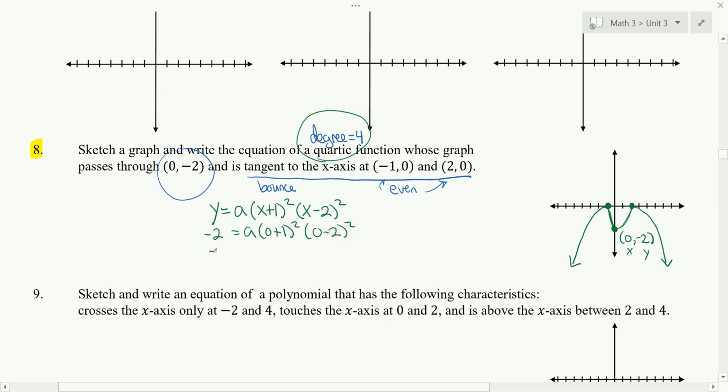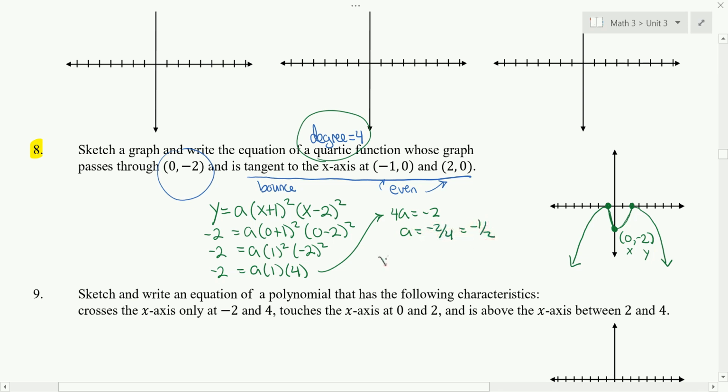And so here we get -2 is a times 1 squared times -2 squared, or -2 is a times 1 times 4. So 4a is -2, so a is -2 over 4, which reduces to -1/2.